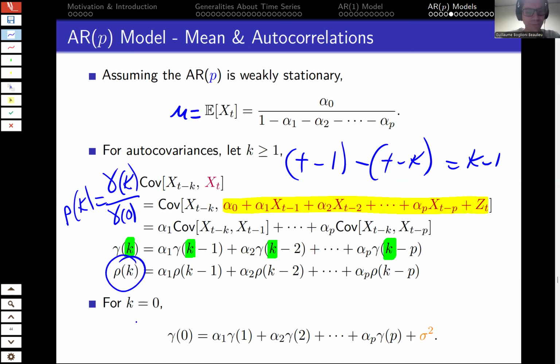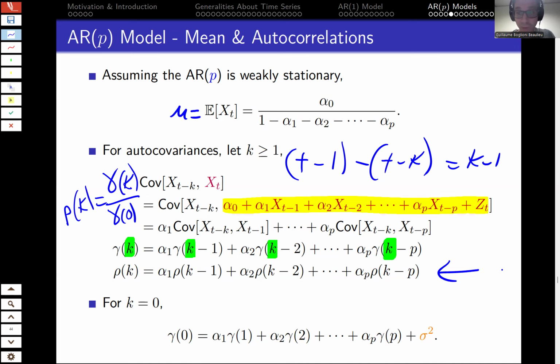So this will become rho_k, and then this one will become rho_{k-1}. This one will become rho_{k-2}. I think you see the pattern, and so this equation is valid. That's very good. We found the autocorrelation, autocovariance.